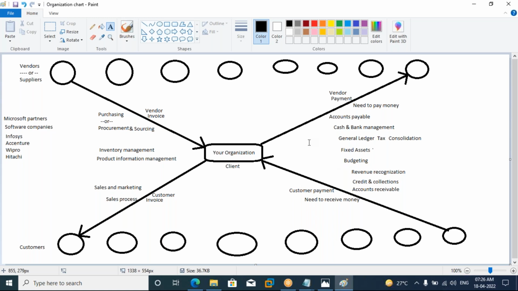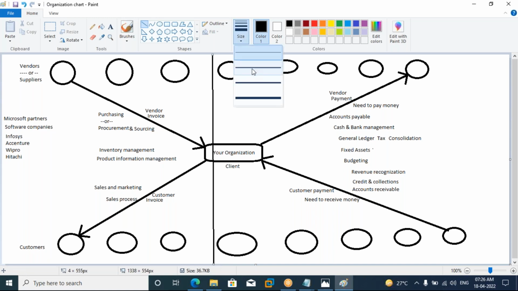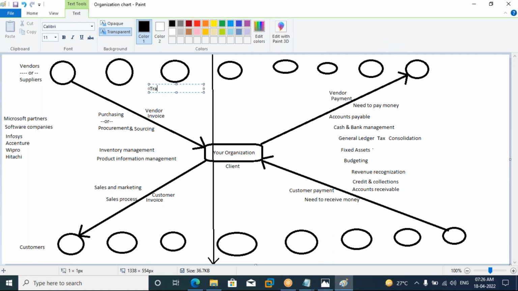So if you want to understand, here is a thin layer now. The left side, whatever you are understanding, is trade and logistics.